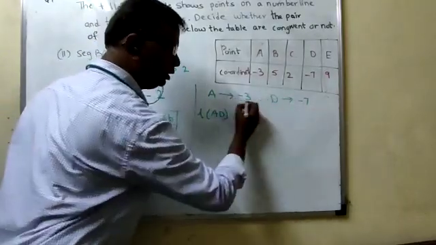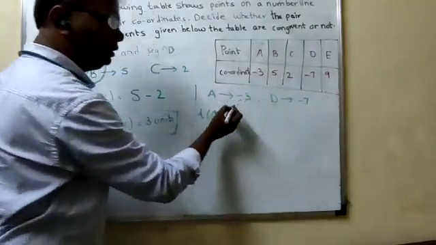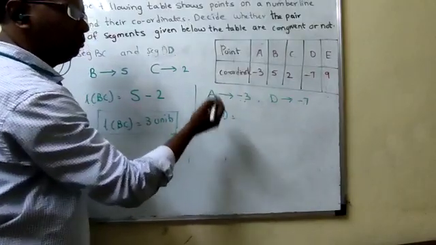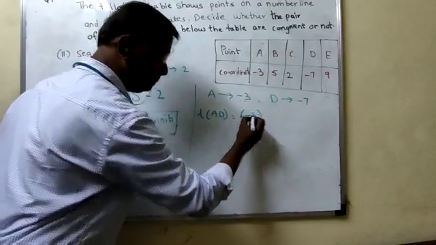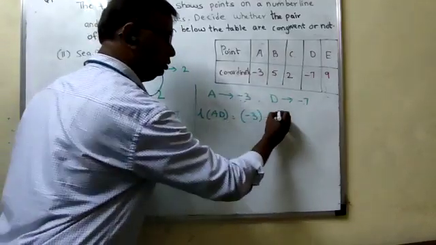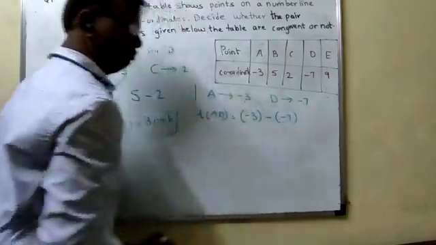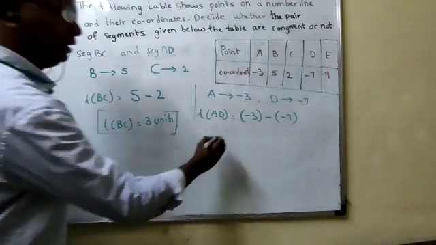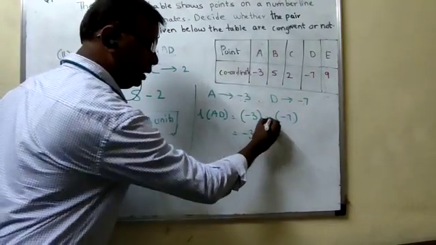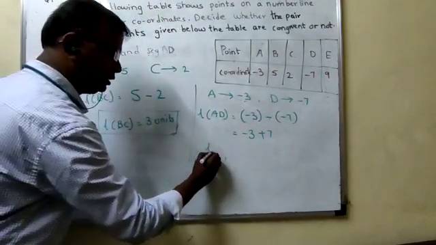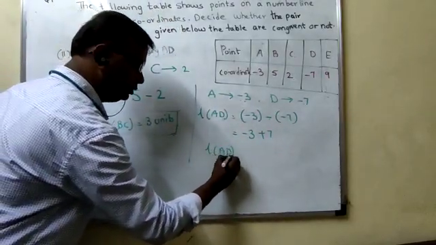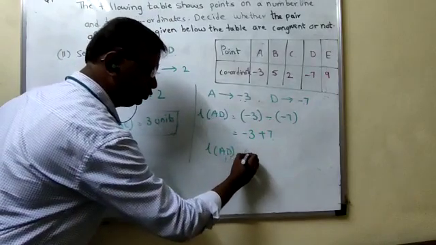Which is the larger coordinate, -3 or -7? In negatives, the smaller number is the larger coordinate. So larger coordinate minus the smaller coordinate, that is -3 minus -7, minus and minus is plus 7. 7 minus 3 is how much? 4 units.